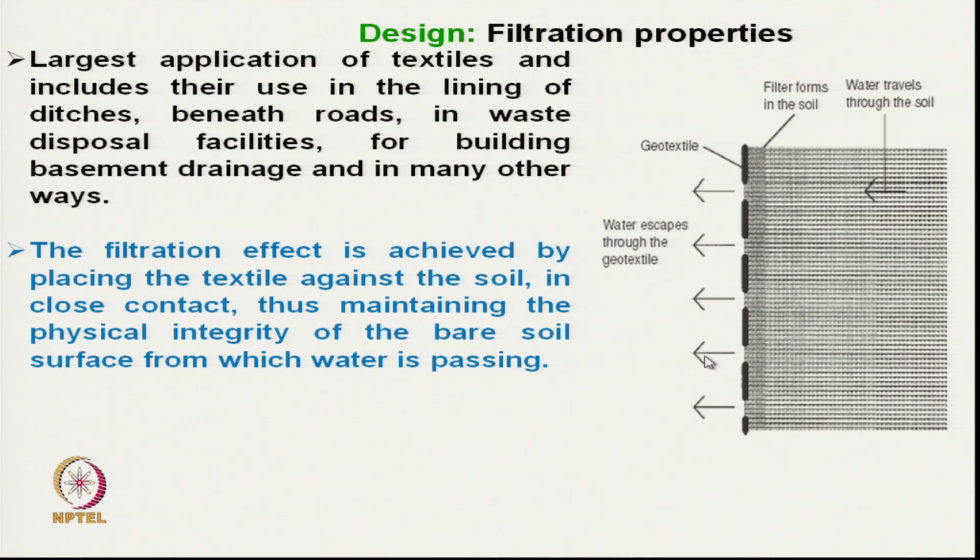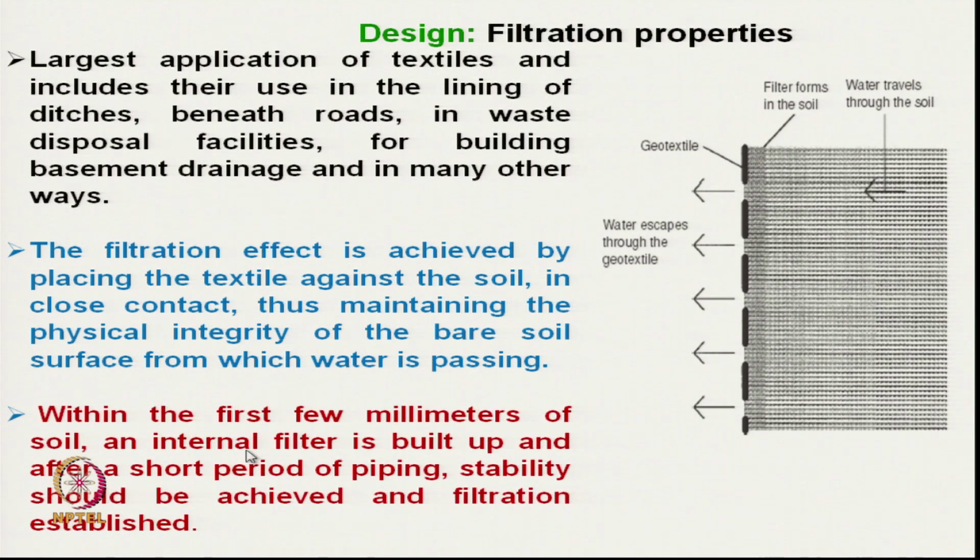So, this is the water, here bare soil surface. Within the first few millimeters of the soil, an internal filter is built up. This soil internal filter is built up with time, as I have already mentioned, and after a short period of piping, initially piping will take place.